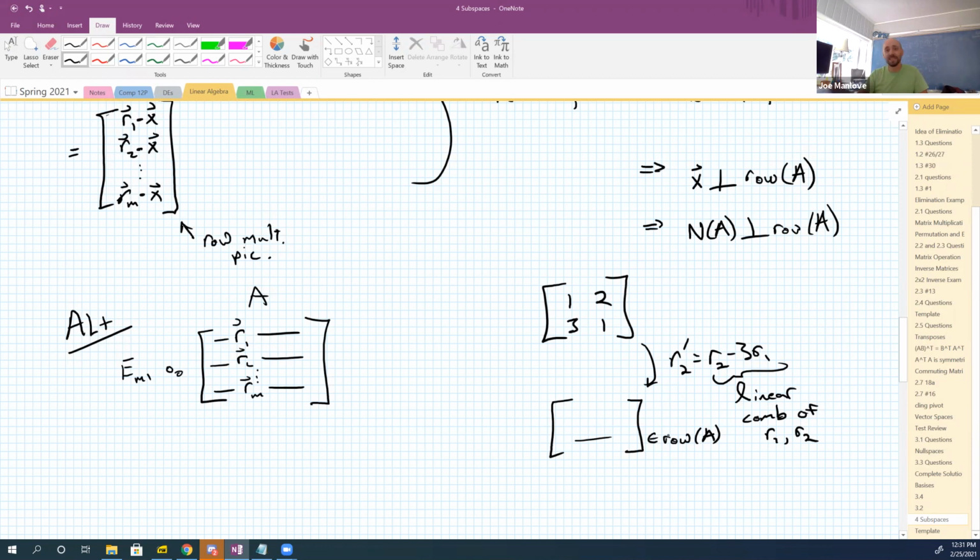The number of pivots isn't going down, so I'm not losing anything. And it's not changing because I know that each new row is still in the row space. You guys with me on that? So since the dimension's not going down, and all the elements are still in the same space, I know that I still have the same space.